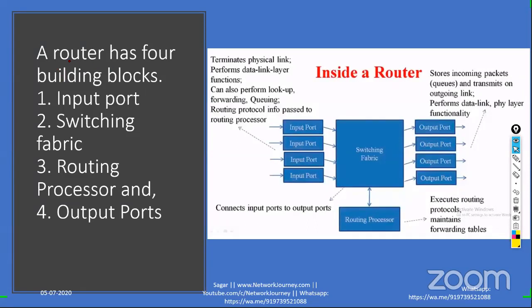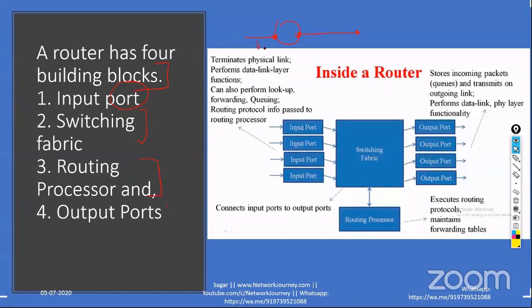In the case of a router, it has 4 building blocks. When the traffic hits an interface, we call it the input port. It goes to the switching fabric, it goes to the routing processor, and then it finally goes away.